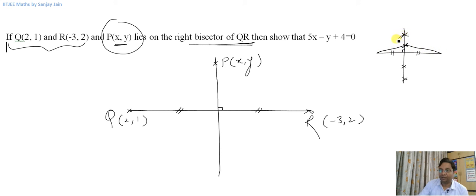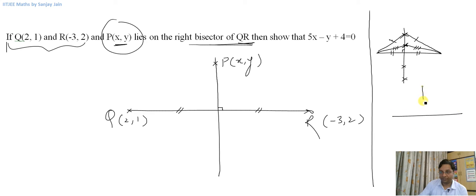Similarly, this point is also equidistant from these extreme points of the line segment, that is this is equal to this, right, and this is equal to this, and this will be true for any point lying on the perpendicular bisector. I hope all of you know this from your knowledge of class 9th. Otherwise, let me tell you once again. If let us say I draw this perpendicular bisector, then this segment is equal to this segment.